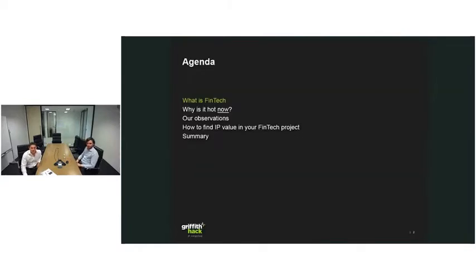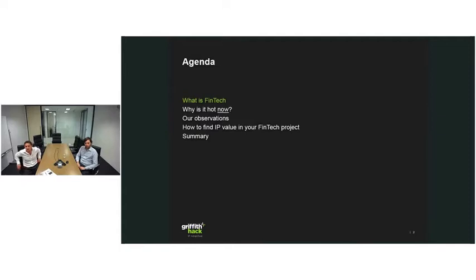So just briefly, the agenda, what we're going to cover. We're going to initially talk about fintech itself. Fintech is a very broad area, but what we understand fintech to be. We're going to talk about why it's hot right now. So some of the themes that are coming up in the industry.